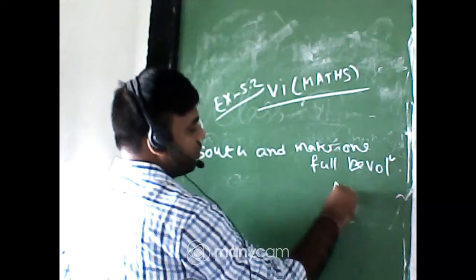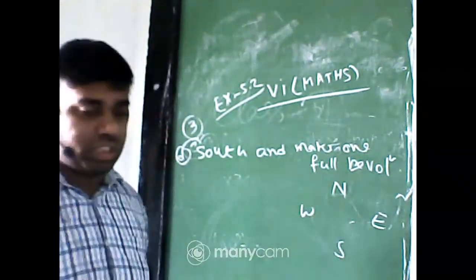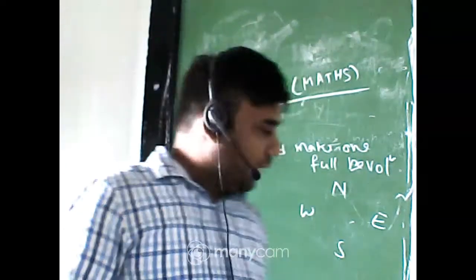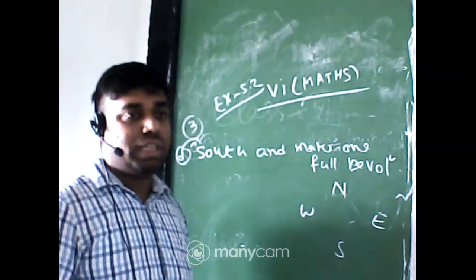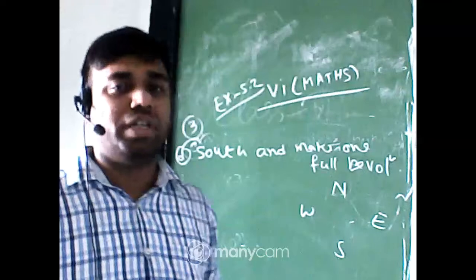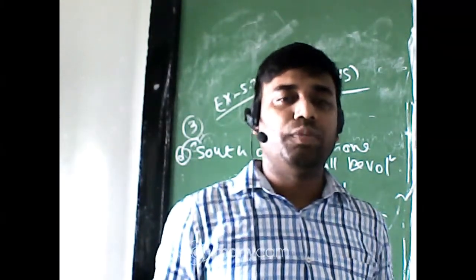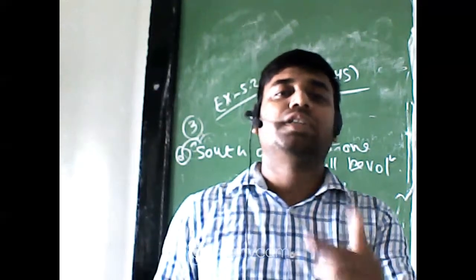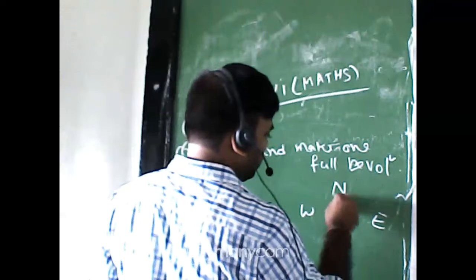First of all, students, north, south, east and west. It is a very easy question. If anyone is completing a full revolution, then it will again reach the same direction. I have discussed this already. So the north direction is where it started, and after completing one revolution, it will be again in the north direction.